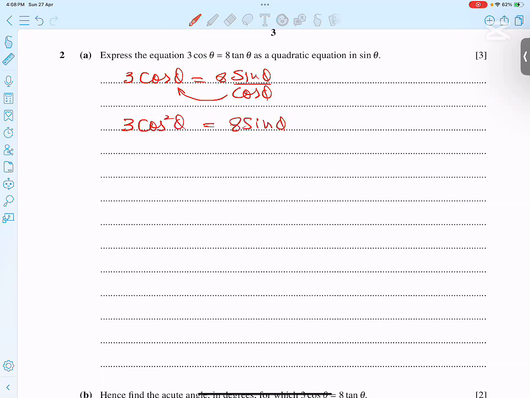But we need to convert, because of the basic formula all of you are familiar with: sine squared plus cos squared equals 1. I want to replace cos squared. And what is the cos squared value? This will go on the other side: 1 minus sine squared theta, which I'm going to replace here.